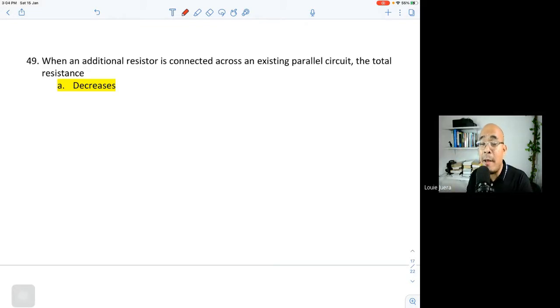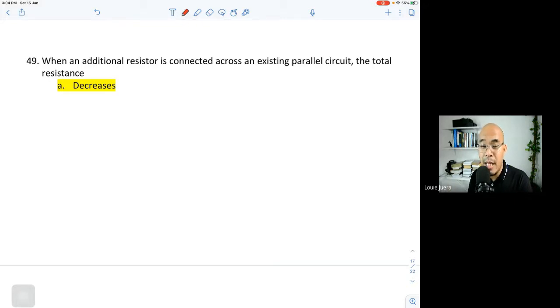Why? Because this is additive. You have to add all the values of the resistors there. So therefore, the total resistance increases. However, when we are talking about the parallel here, the more resistors you connect in parallel, the lower the value.